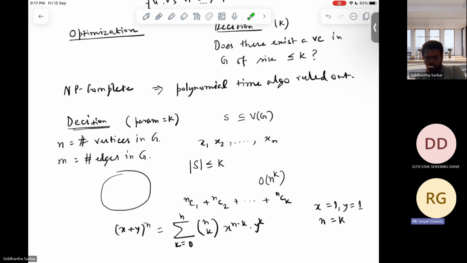So if we go for this, nC1 and then nC2 and so on, we keep on expanding it till nCn, and somehow we'll have to stop at that level, till that k.